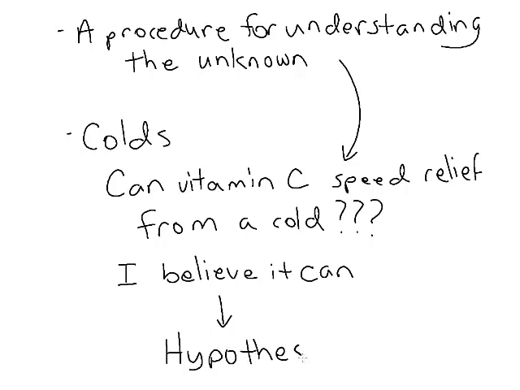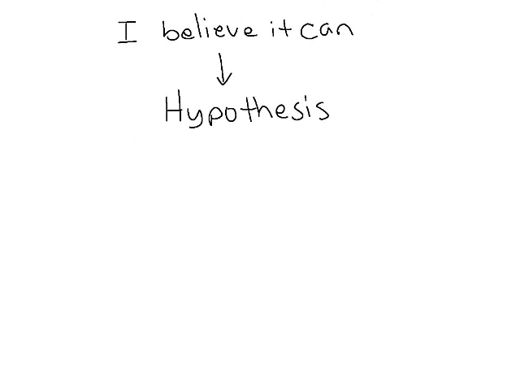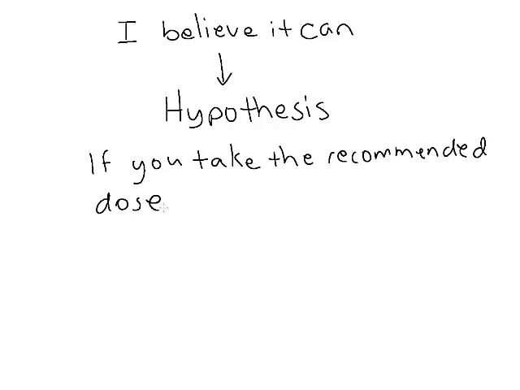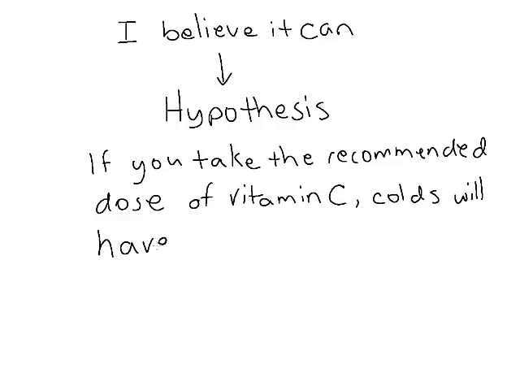Okay, so my hypothesis is that vitamin C is going to help you get rid of a cold quicker than not taking vitamin C. Now, the difference between someone who is a scientist and folks who are not is that a lot of people would then stop with that observation and just assume that they are correct. Okay?